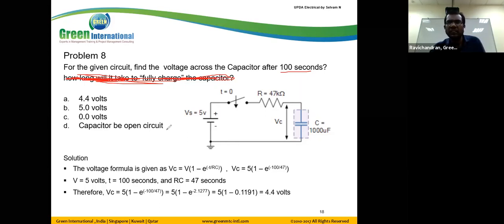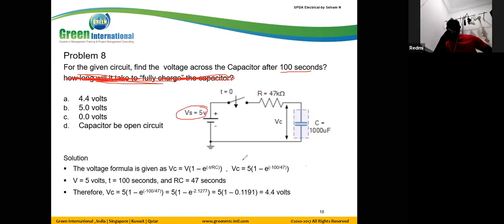This is the question. Okay. The formula for the charging voltage: VC is equal to Vs times 1 minus e to the power of minus T by RC. The applied voltage is 5, so I put a 5.